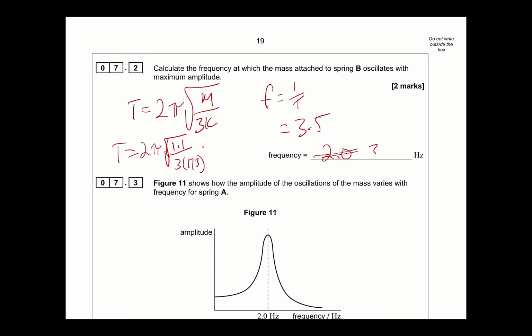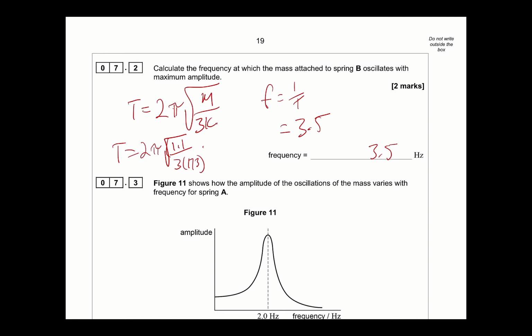So I immediately knew that was wrong without looking because that was the same one, and it's because I left out the 3. I am not doing well on this question so far. Okay, so 3.5 hertz. Mark scheme. Oh, thank God I caught my error in time for that one.